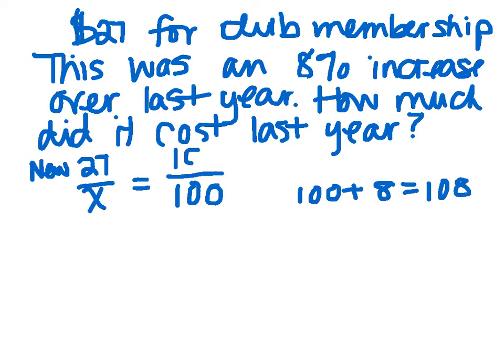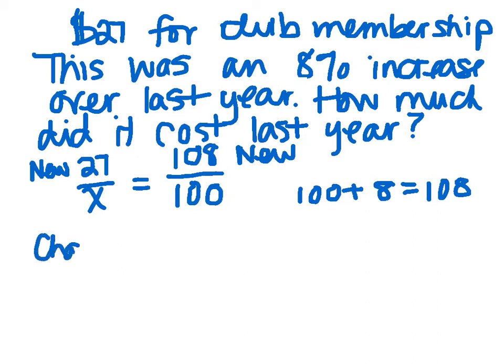So if I'm going to have 27 on the top, I need 108 on the bottom. Okay? And I will be able to get the price of the original. Now I can also say the change.